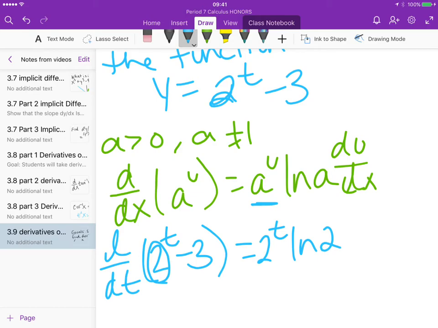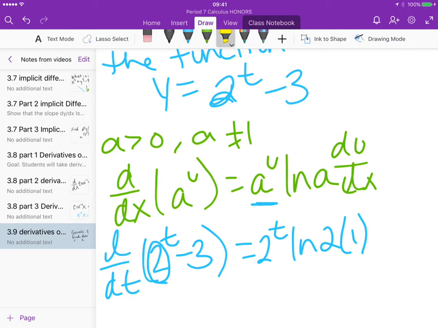It was the only variable, so I didn't need to multiply by anything. But for our particular circumstance, I'm going to multiply by 1 just because the derivative of t is 1. I just want you to understand that we are multiplying by du/dx. du/dx is 1, so the derivative of t is 1, plain and simple. That's where that multiplier comes from.